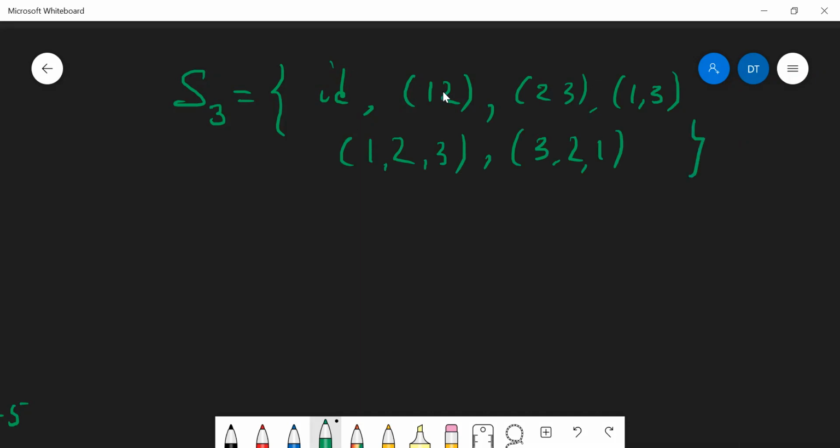The element (1 2) is a permutation which takes 1 to 2, 2 to 1, and the element 3 is left untouched. The next one leaves 1 as it is and switches 2 and 3. This one switches 1 and 3, and this works in a bit different manner: it takes 1 to 2, 2 to 3, 3 to 1, and this one takes 3 to 2, 2 to 1, and 1 to 3.